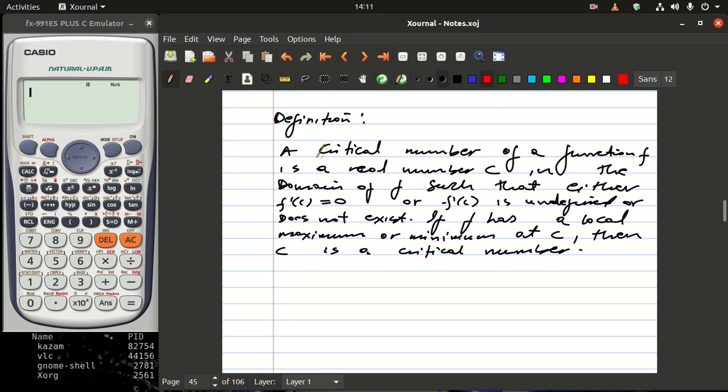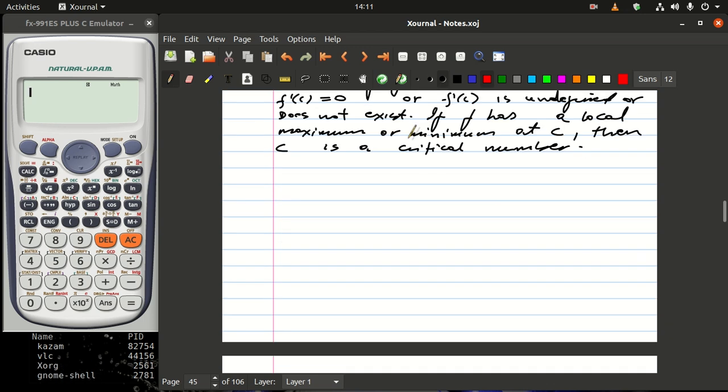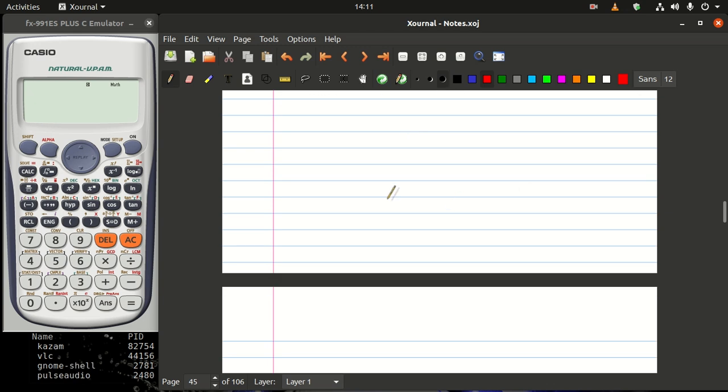Again, you take the first derivative of the function and set it equal to 0. All the values that make the first derivative equal to 0 or undefined are the critical numbers. So let me write this down so that you have some reference.